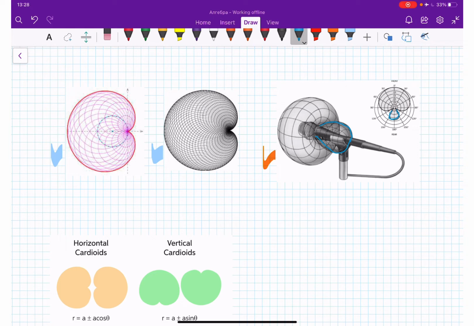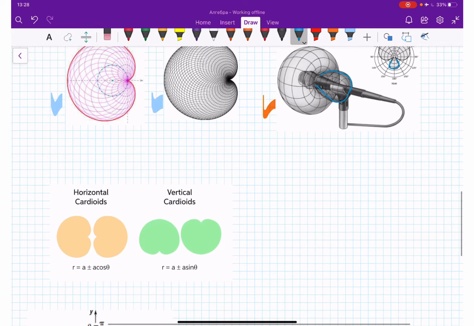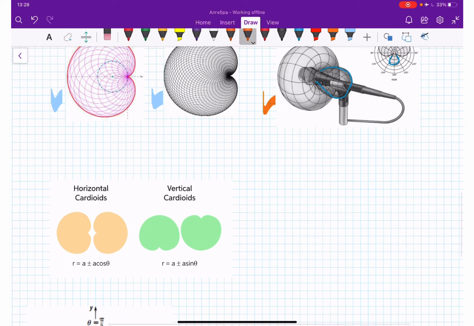Cardioid can have two forms: horizontal and vertical. The equation for the horizontal cardioid is r equals a times 1 plus or minus cosine theta. The equation of the vertical cardioid is given by r equals a times 1 plus or minus sine theta.